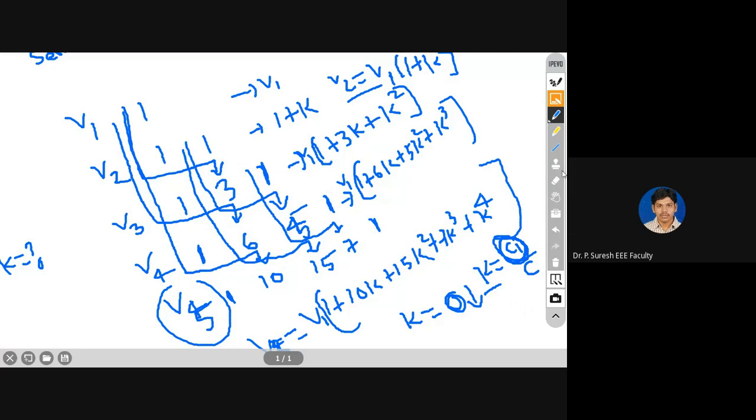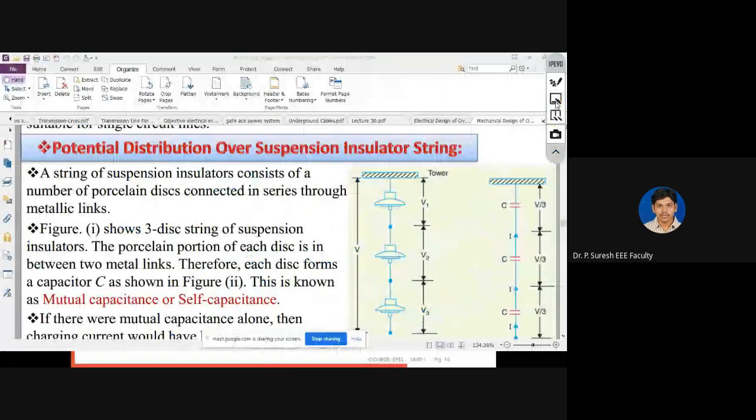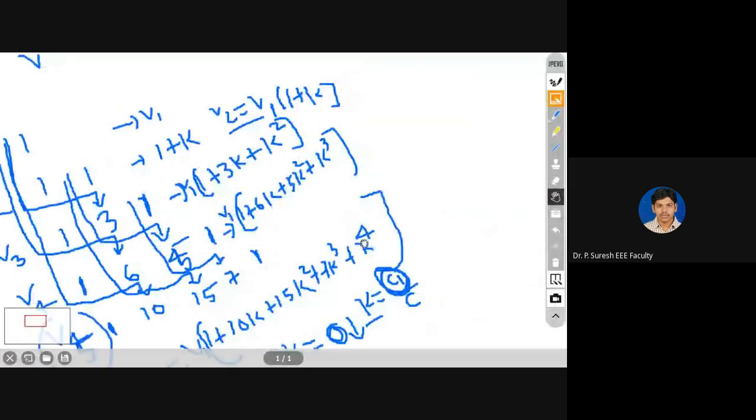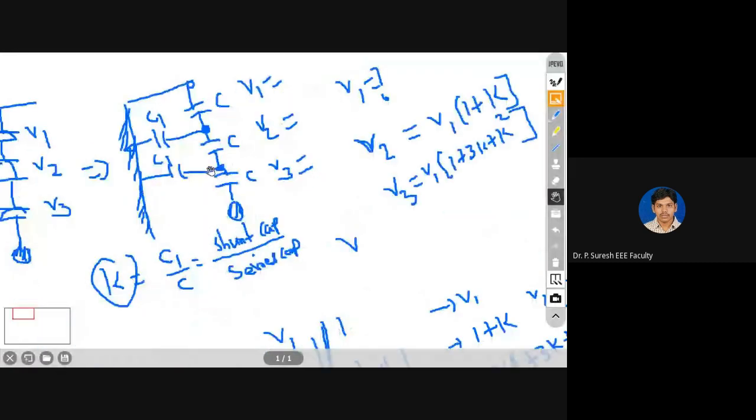When is it possible? See here, shunt capacitance is nothing but earth capacitance, or not? Yes or no? Pin to earth capacitance. So in order to make this 0, we need to increase the distance from tower to insulator.